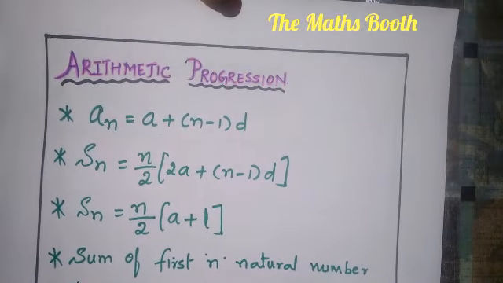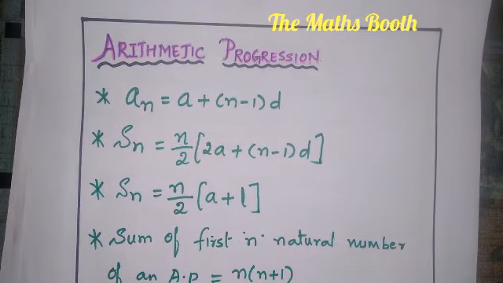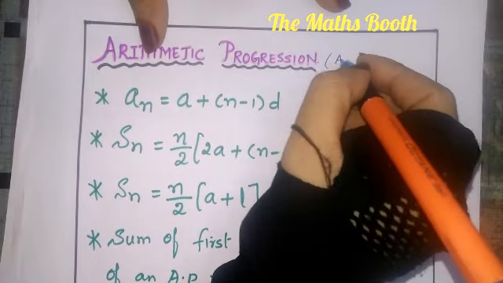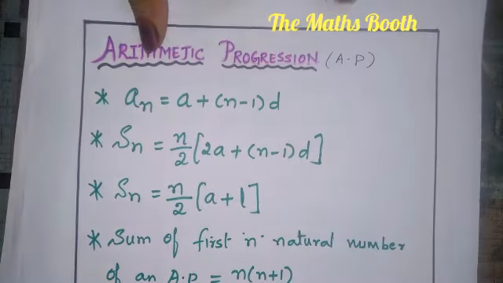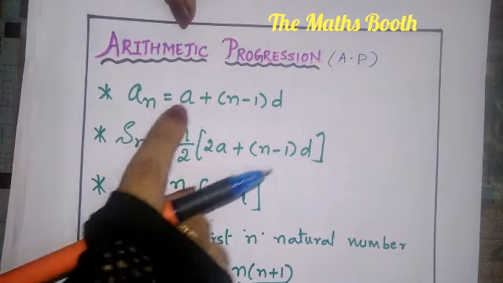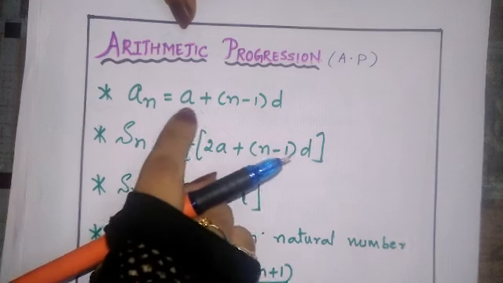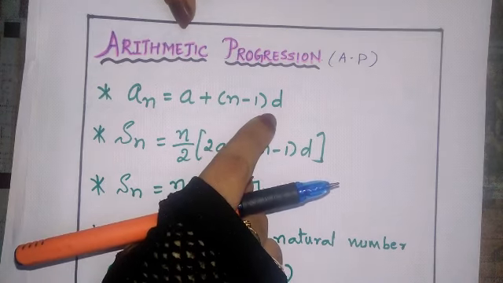So the first chapter is arithmetic progression. In short it is also called AP. In the AP chapter, this is the first formula, that is an = a + (n - 1)d. This is nothing but the nth term of an AP.